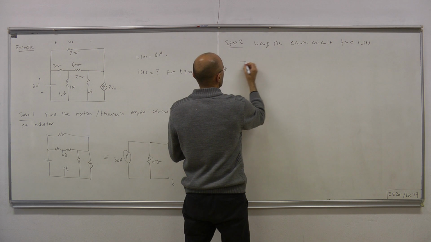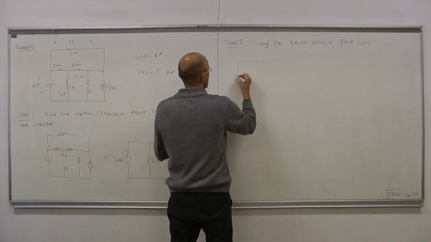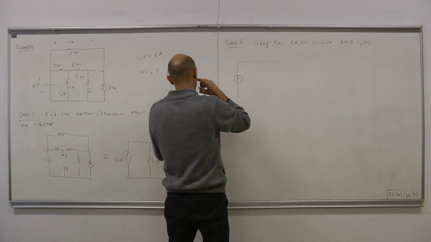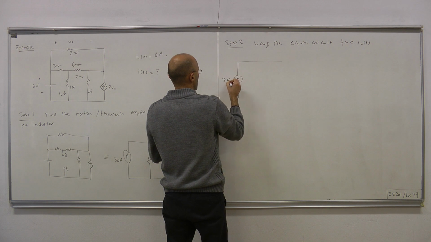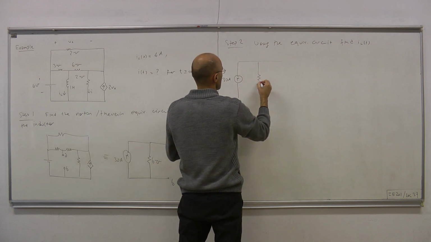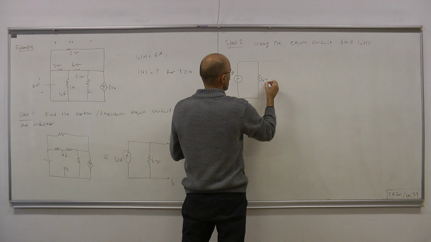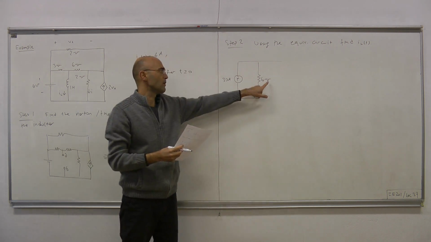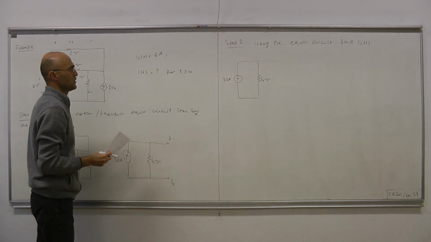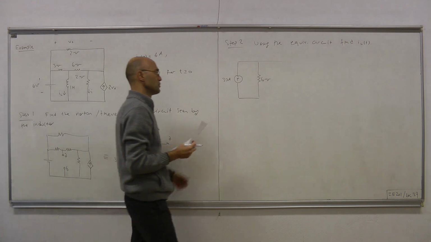Here is our equivalent circuit once again, with 6 mhos. Be careful about the units; in this example, they are given in mhos, conductance.